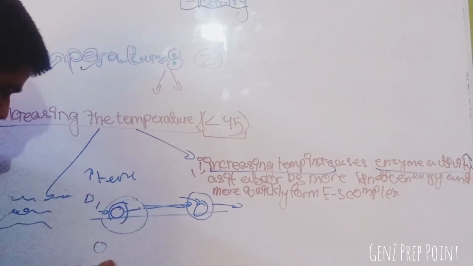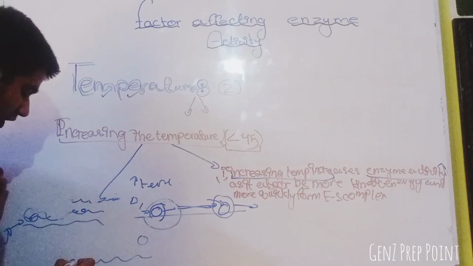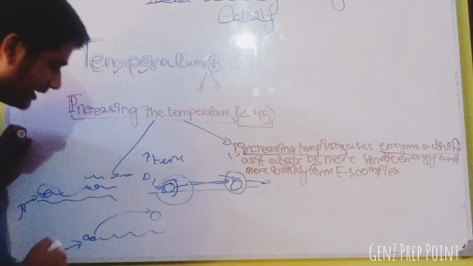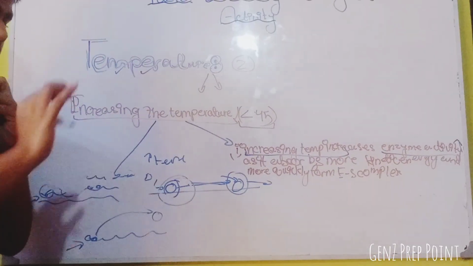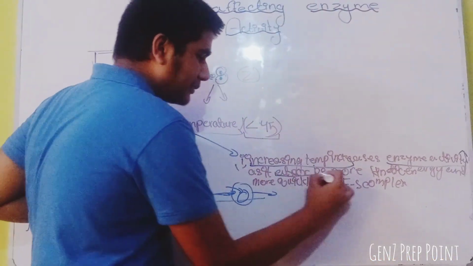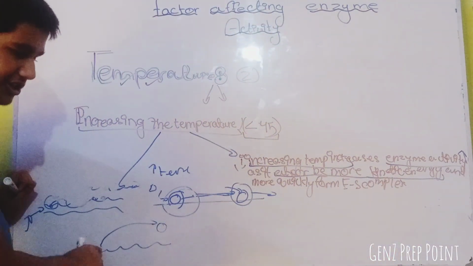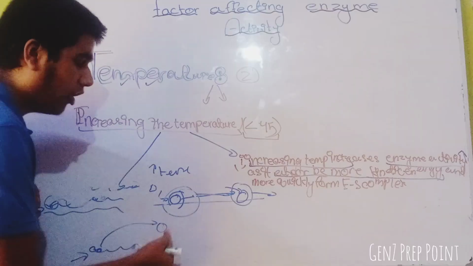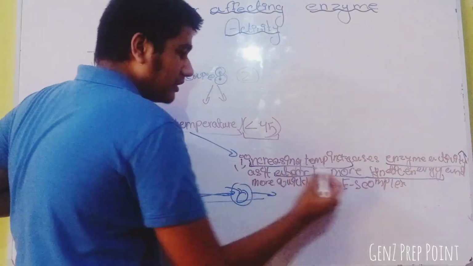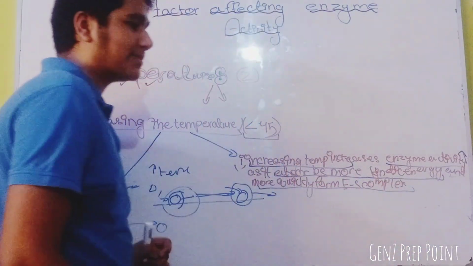When the water gains the energy from the heat molecules, these heat molecules push the water, and this water pushes the enzymes and pushes it towards its substrate. So this increases as it absorbs more kinetic energy. This kinetic energy of the water particles transfers to this enzyme molecule. And more quickly forms enzyme substrate complex.